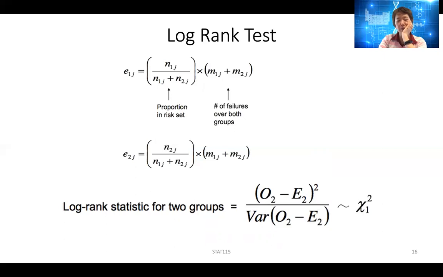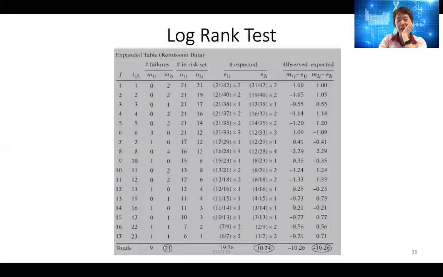You have many observed and many expected values, because every row is a value. Using this example, what kind of numbers are we plugging into the formula?